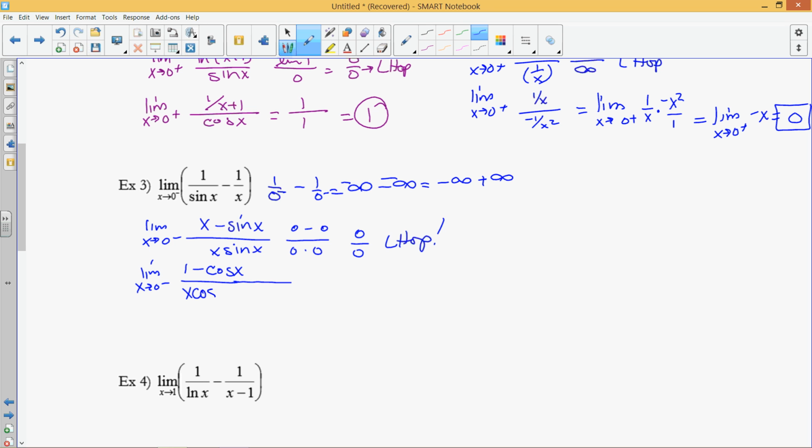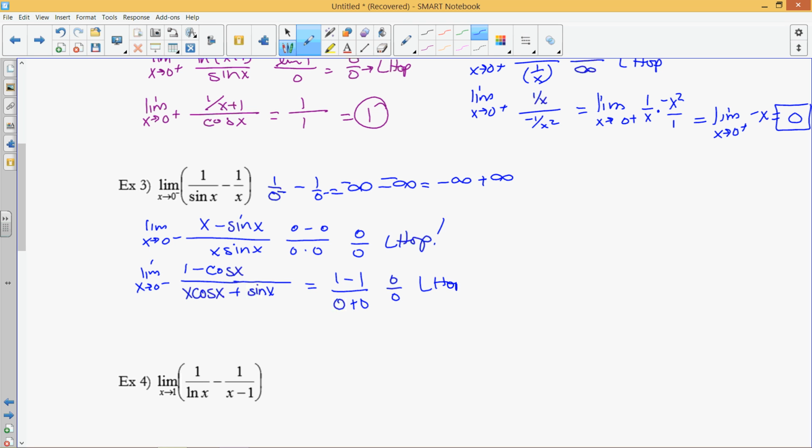So the first times the derivative of the second plus the second times the derivative of the first. Now I'm going to plug in 0, which is going to get me 1 minus 1 over 0 plus 0. Oh, shucks. I got 0 over 0 again.